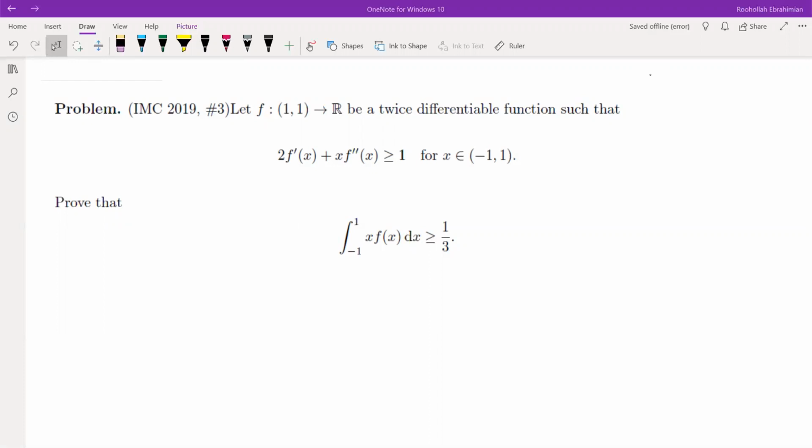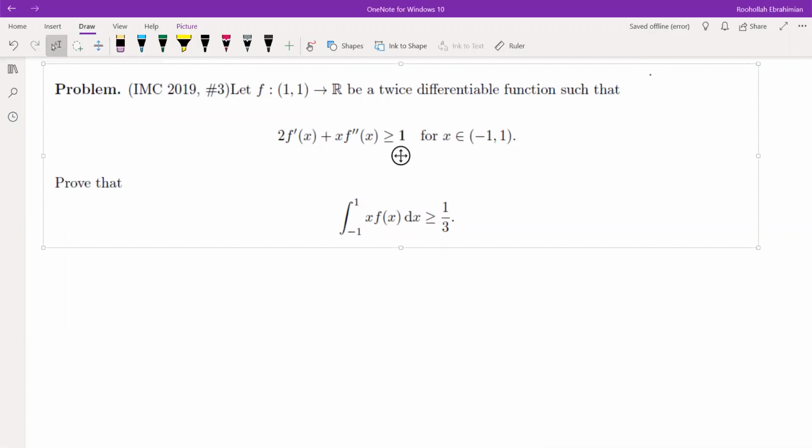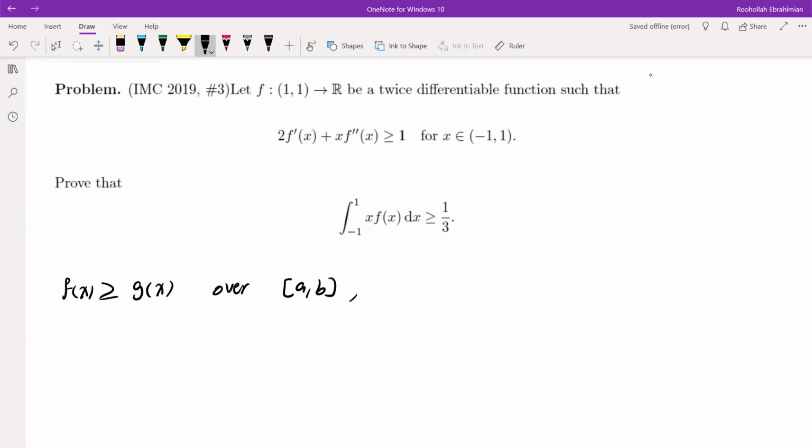So the key to know when you're trying to solve problems like this is that if you have a function f of x greater than or equal to another function g of x over some interval a to b, then you can integrate from a to b and the inequality is going to be preserved.